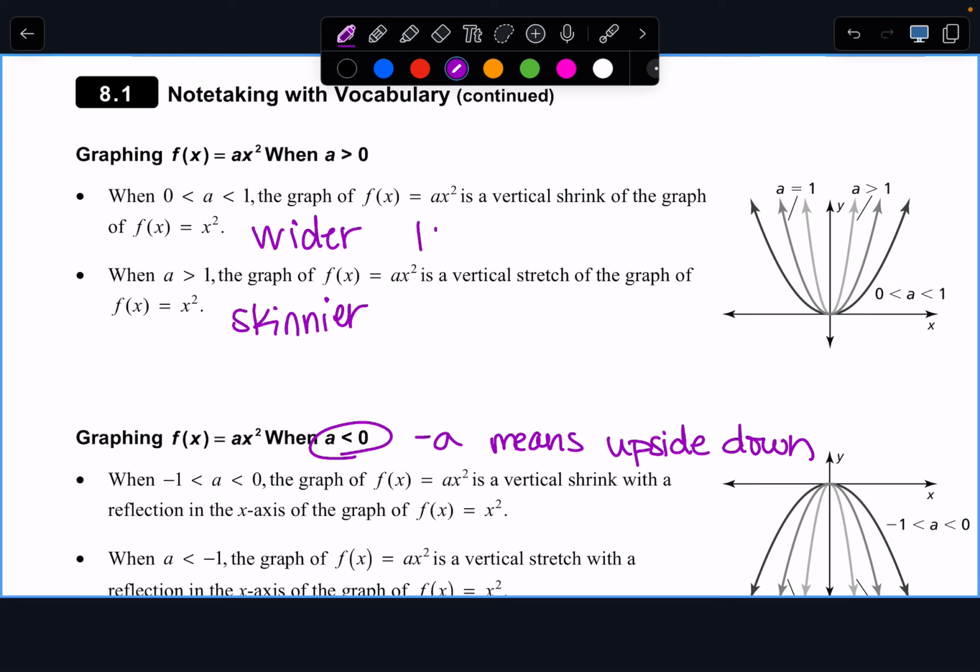So if the absolute value of A is less than 1, we're going to be wider. If it is greater than 1, we're going to be skinnier. And I made it an absolute value because the negative is telling us whether it opens up or opens down. If we take away the negative, is it going to be skinnier? Is it going to be wider?